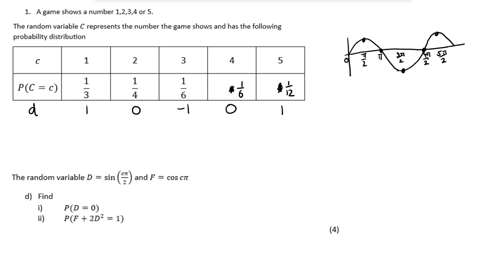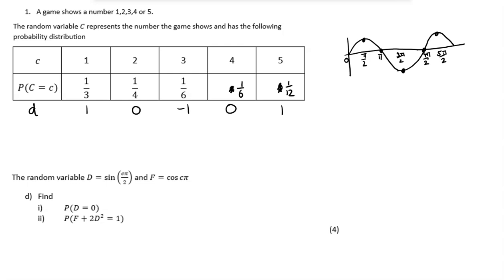So the probability that D equals 0, the only time that will occur is if C is 2 or 4 in the first place. Okay, so if C is 2, then you end up with an outcome that gives you D as 0. If C is 4, then you end up with an outcome that D is 0 as well. And we're just going to keep the probabilities that we already have assigned to C for 2 and 4. Okay, because the probability that D is 0 relies on C being 2 or C being 4.